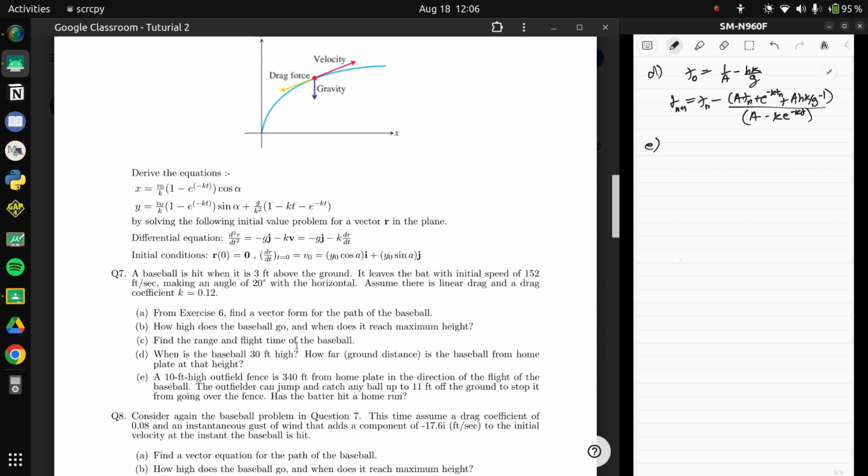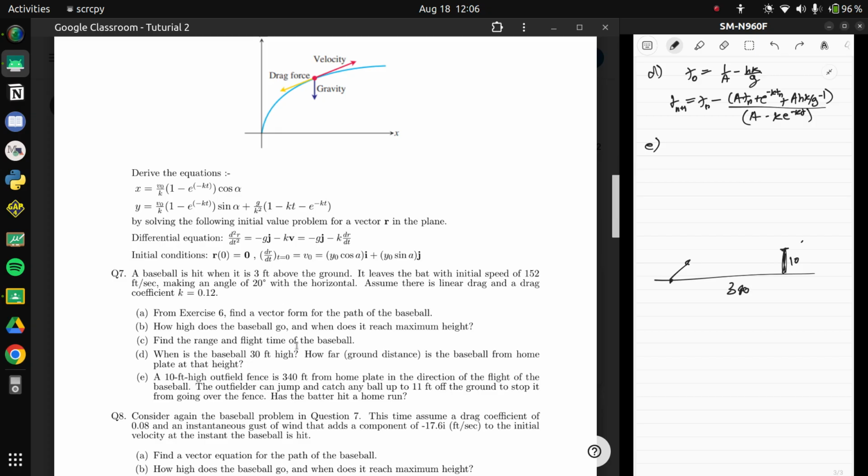Okay, let's try to do it. So this is where the baseball was hit. Okay, at 10 feet high. So this is a fence which is 10 feet high. It's 340 feet away, in the direction of the baseball.